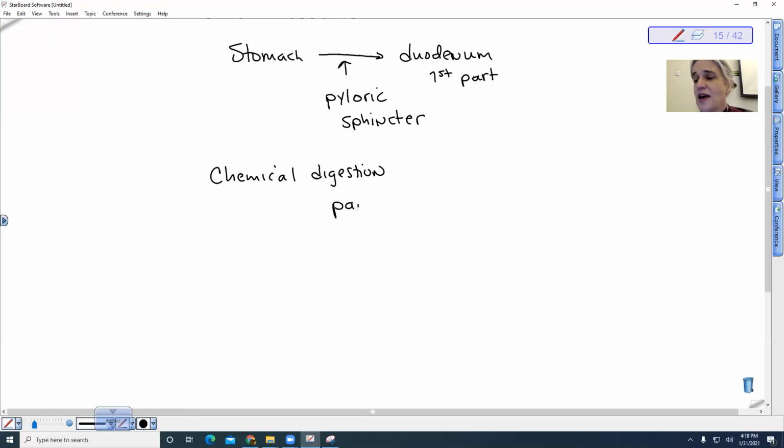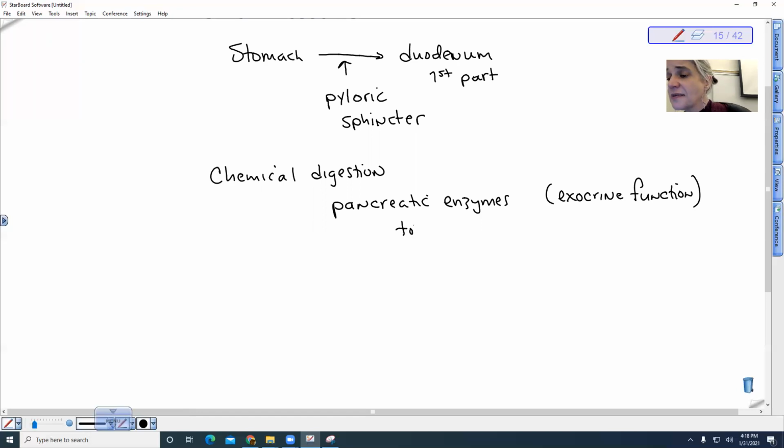So we have pancreatic enzymes, produced in the pancreas and then travel via a duct to the small intestine. So this would be the exocrine function. An exocrine gland has ducts. It's not the endocrine function of the pancreas, which is the production of hormones. So pancreatic enzymes are transported via a duct.